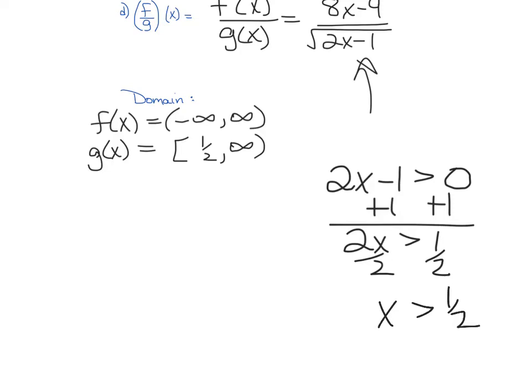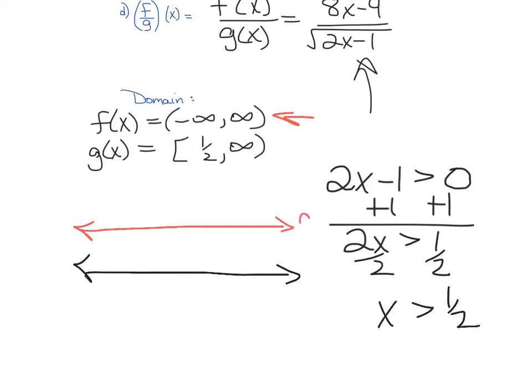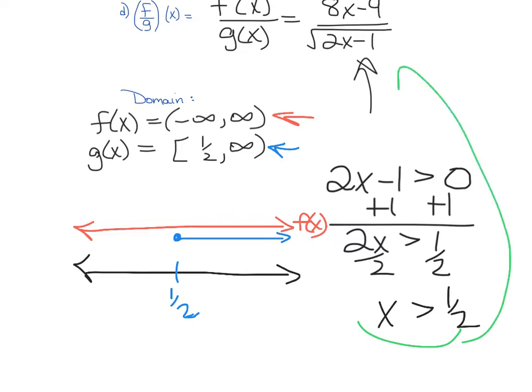So for the domain for this one, when I go to graph this, remember the f of x function is all real numbers. The g of x function, if I put the 1/2 here, it's a closed circle. And then lastly, the simplified quotient domain is an open circle, and it's going this way.